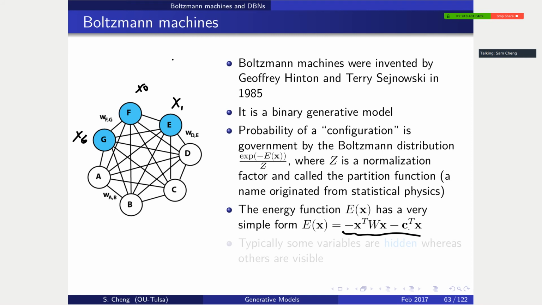And C here is just a bias: whether a node is in a positive or negative state, you have different energy.